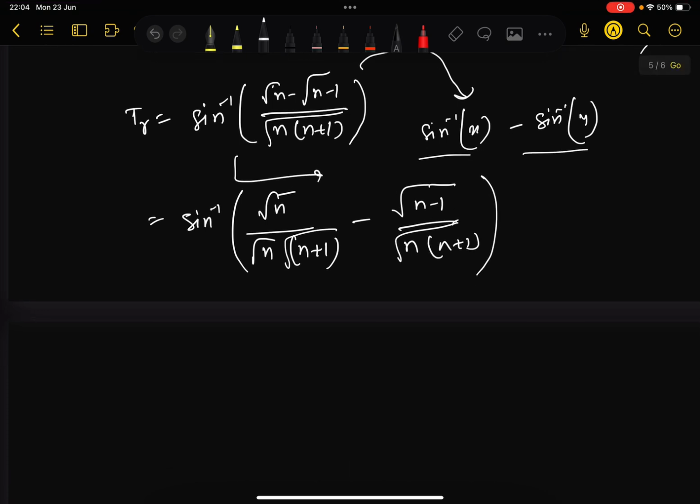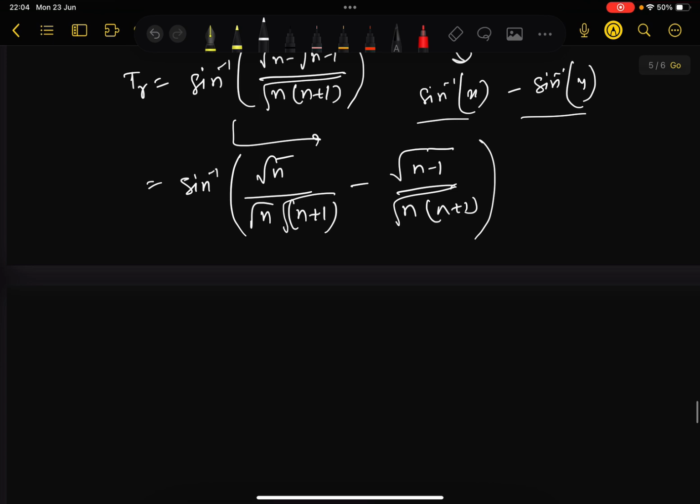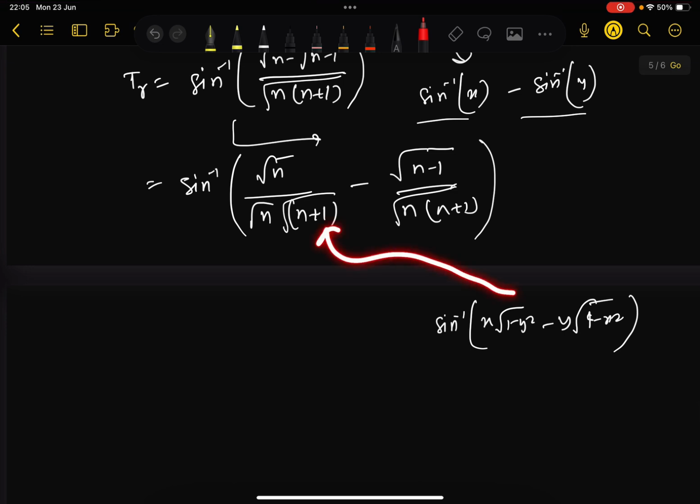This is the expression. Again, we convert this expression like this: sine inverse of x into root of 1 minus y square minus y into root of 1 minus x square.